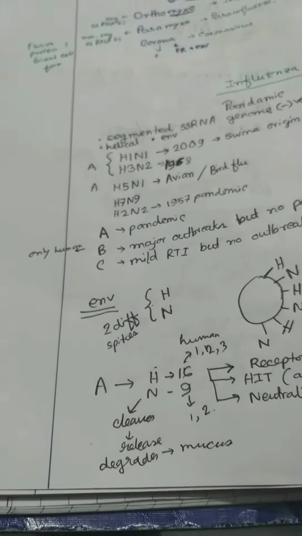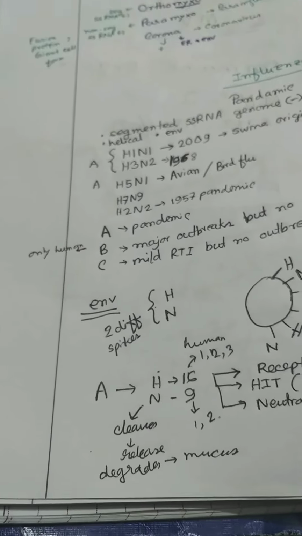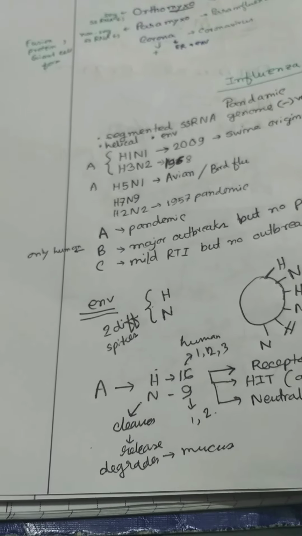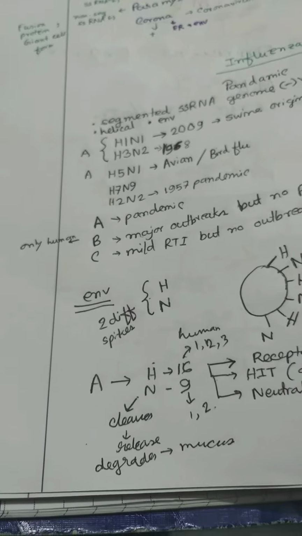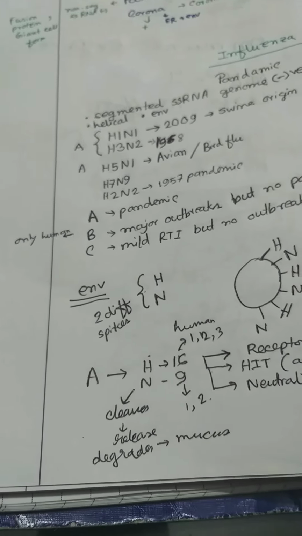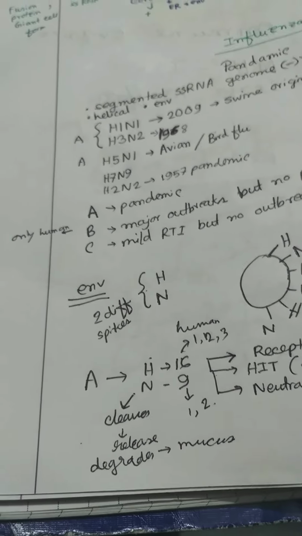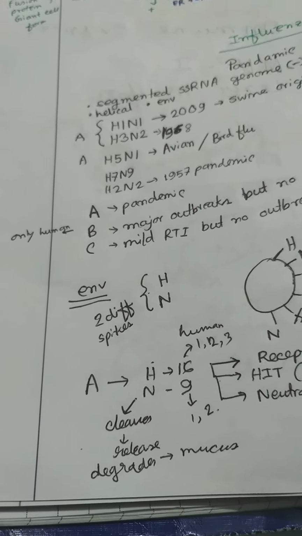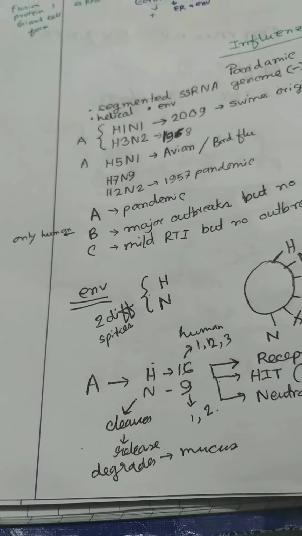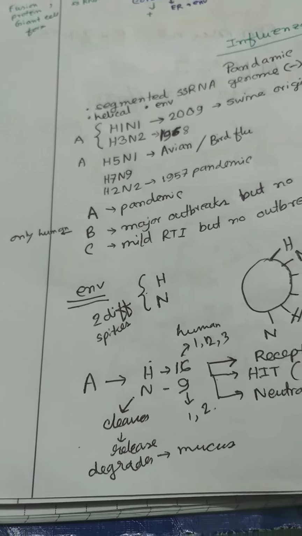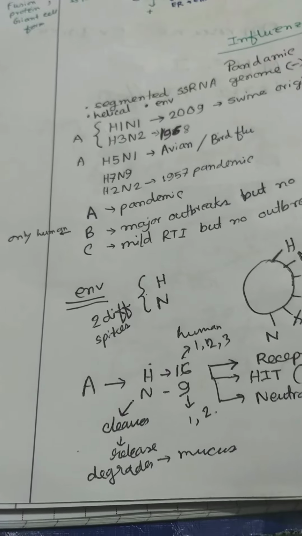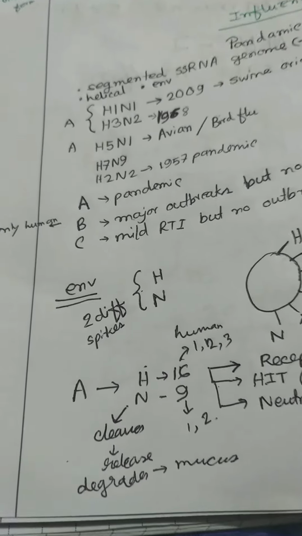Neuraminidase is of 9 types, and among them 1 and 2 are important for human disease. Neuraminidase is important for cleaving and release of the virus. It cleaves and causes release of the virus from the host cell. It also degrades the mucus of the host cell respiratory tract, and thus it increases the virulence of the virus.